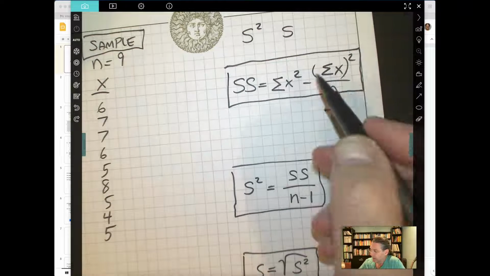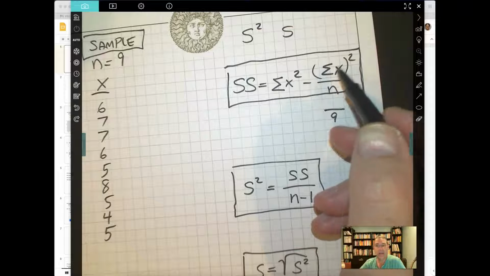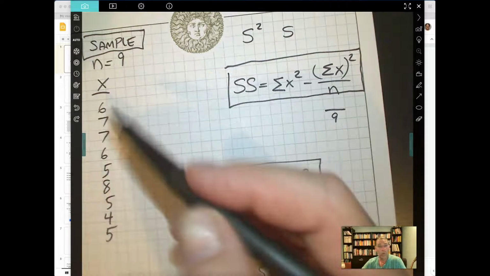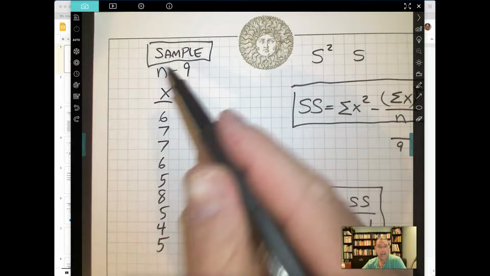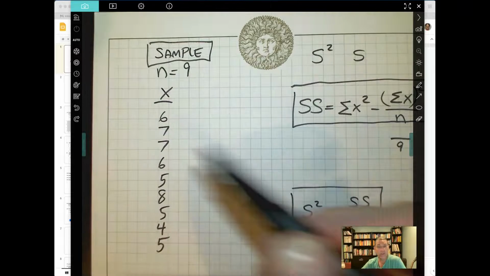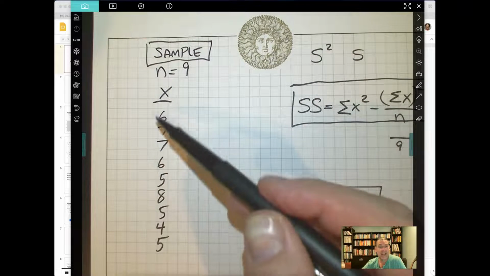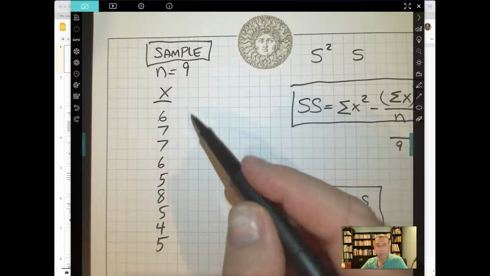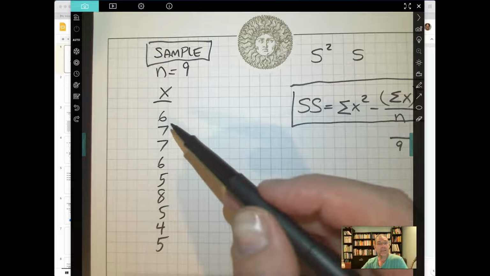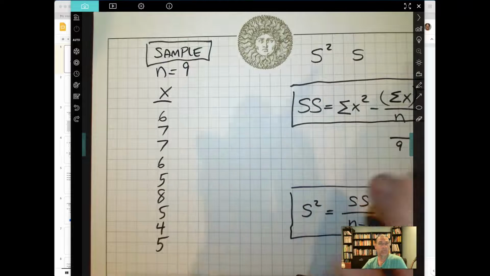The next thing is I'm going to calculate the sum of x. One of the things worth pointing out is here's a set of data. This is all of our scores, all 9 scores. Notice that this is not a frequency table. If it was a frequency table, it would have an f column here to the right. But this is just a list of all the data.